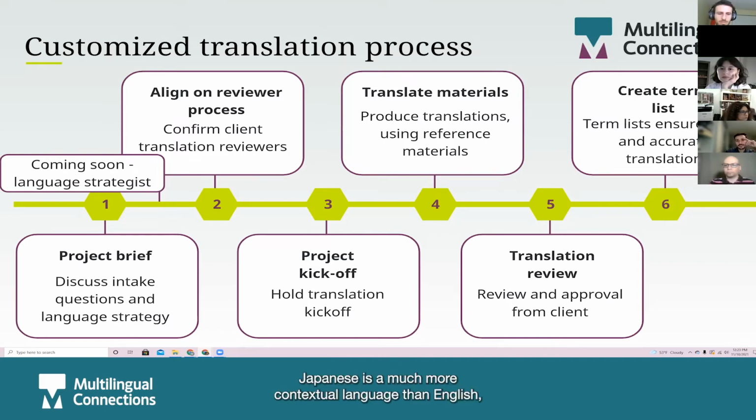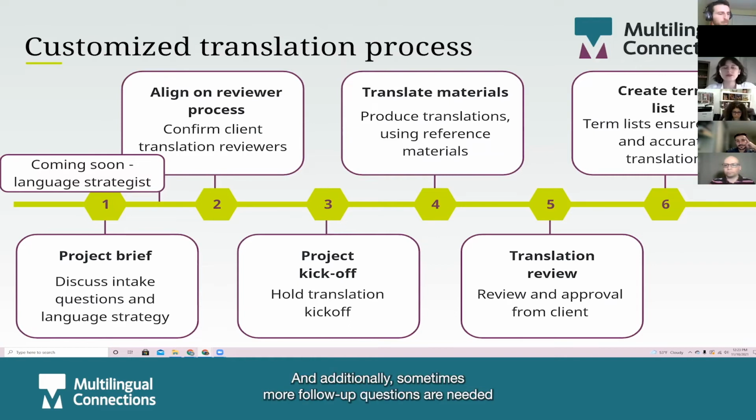Japanese is a much more contextual language than English is, which means that there's much more that is left unsaid in Japanese. Grammatically speaking, this can manifest as omitting subjects or objects from questions that are asked, for example, and other words. Using proper honorifics is also an important linguistic nuance to consider.